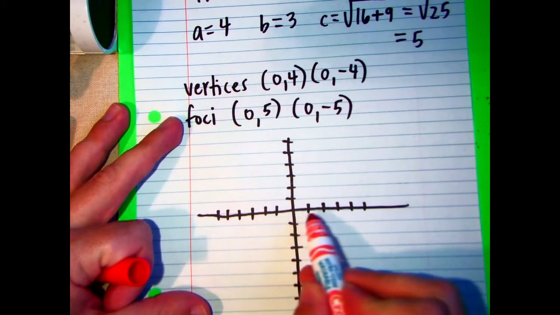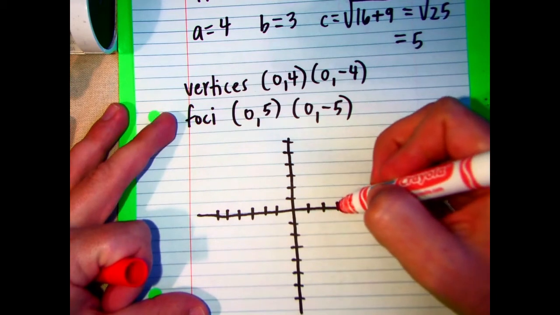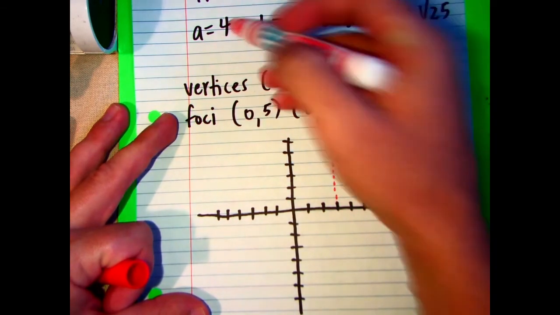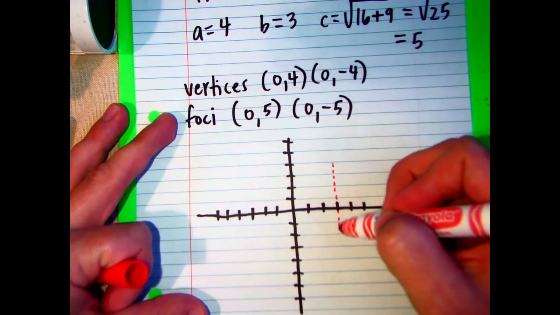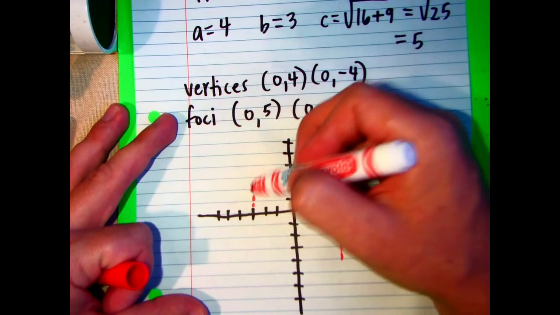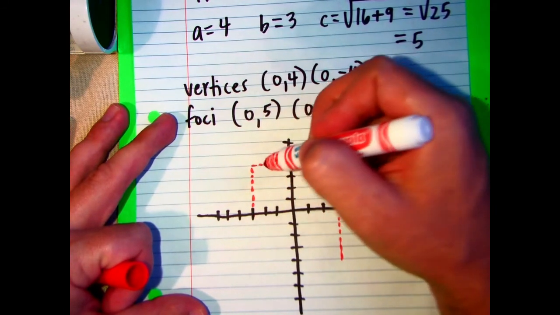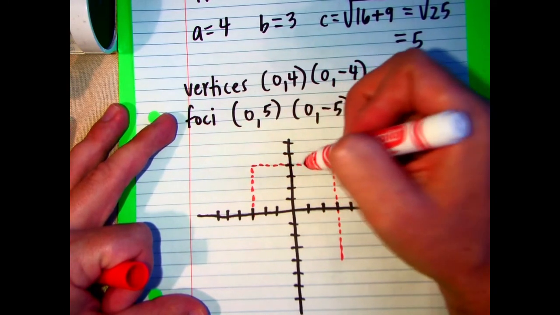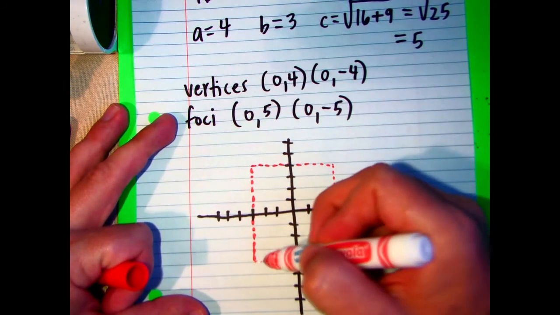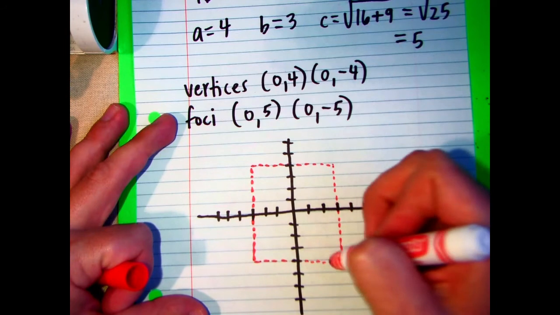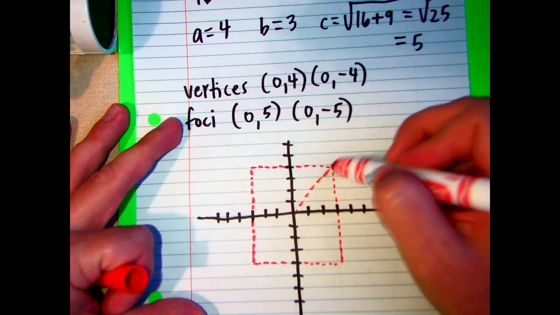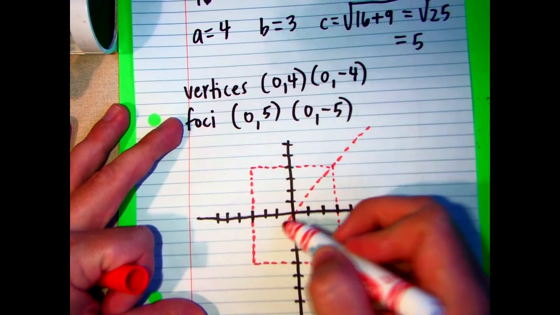So that means my width is going to be 6 and my overall height is going to be 8. So here's my rectangle. Once the rectangle's in place, I'll be able to draw my asymptotes.